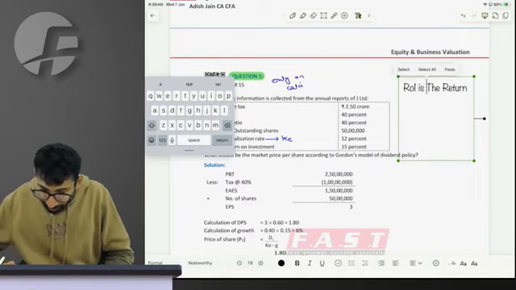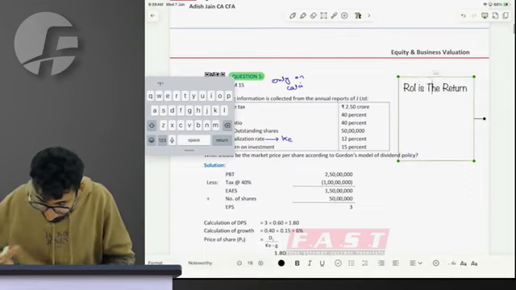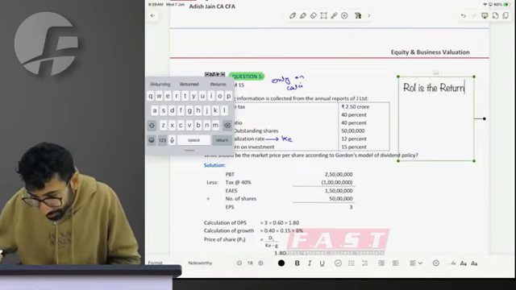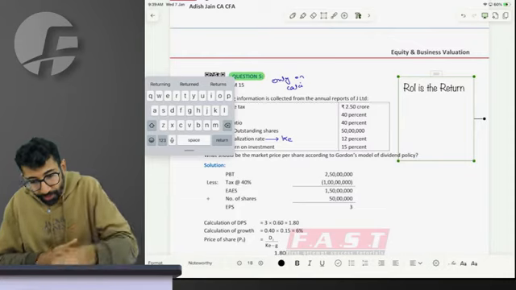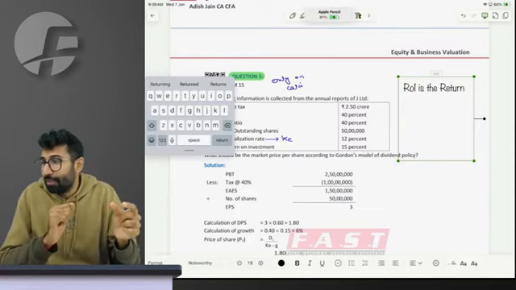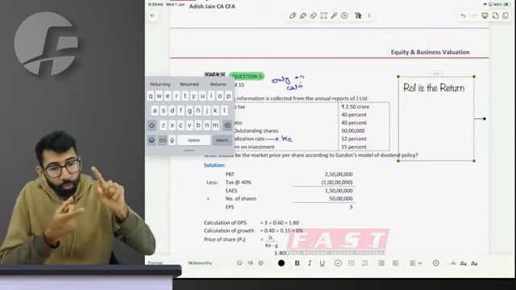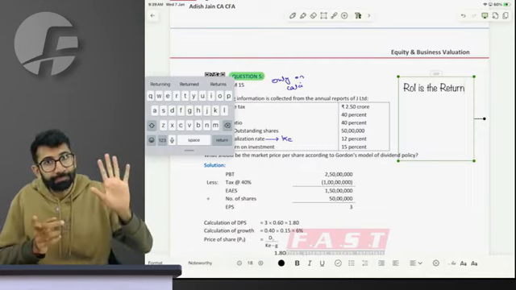Let me explain it to you first, then you write it down. ROI is the return on investment. It includes the amount of both debt and equity, right?